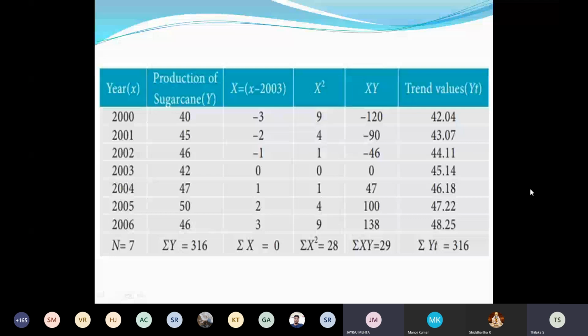This trend line slopes upwards, which shows the production of sugarcane is increasing, and if the line is extended for future years, it is going to increase.